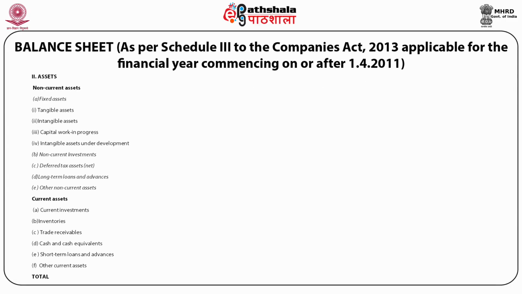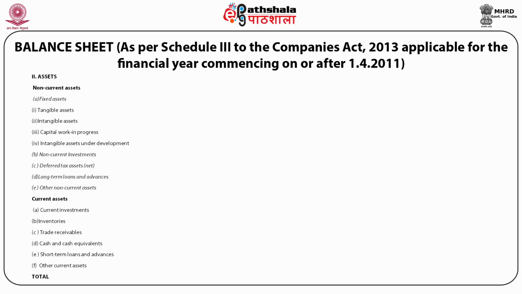Assets are shown here. Assets are divided into two subheads: non-current assets and current assets. Non-current assets include fixed assets, non-current investments, deferred tax assets, long-term loans and advances, other non-current assets. Fixed assets comprise tangible assets, intangible assets, capital work in progress, and intangible assets under development.